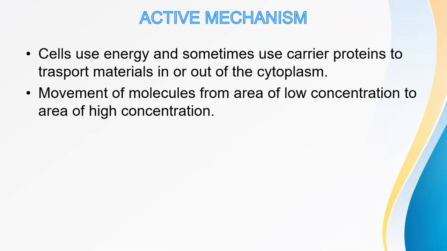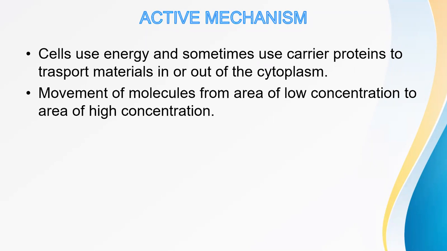In active osmosis, like in the active mechanism, they use energy, ATP, to transport materials from outside of the cell into the inside of the cell. At the same time, they use the same energy to excrete the cell waste from inside to out.